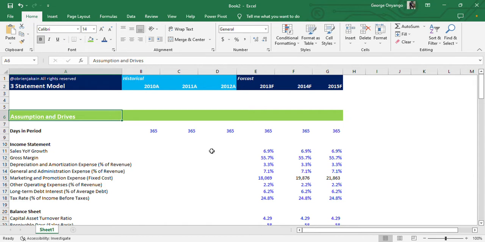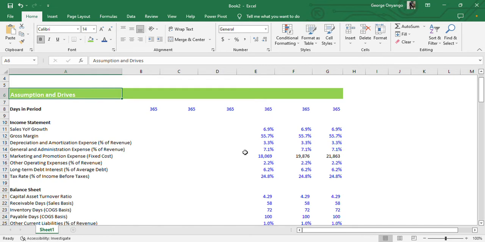This means that the business was able to give us the information for the last 2 years and the current year, and from the assumptions and all the information provided, we are going to be able to forecast how these three financial statements are going to look in the next 3 years.